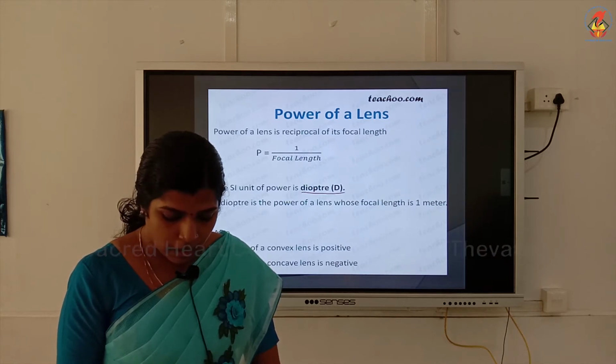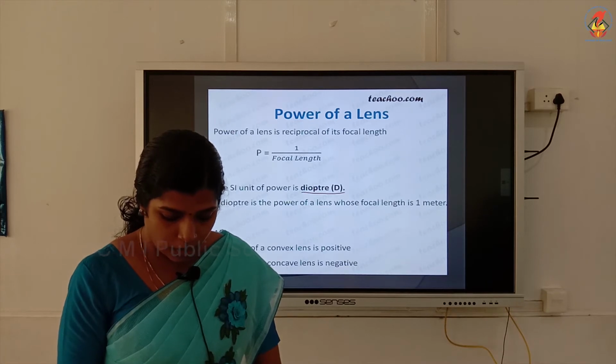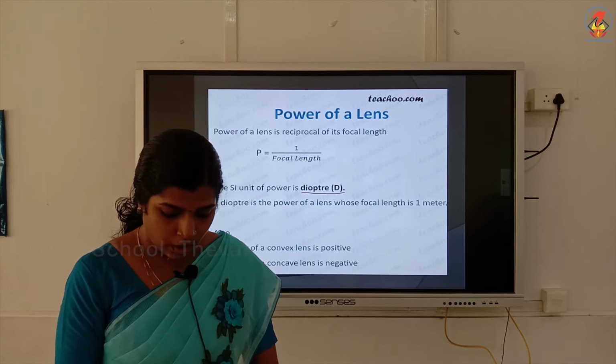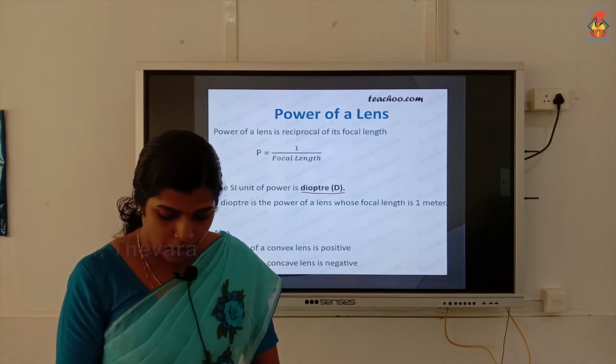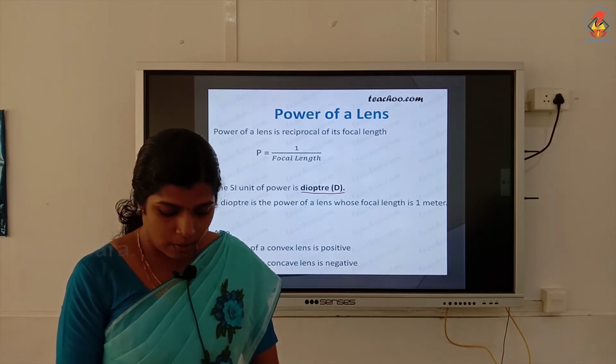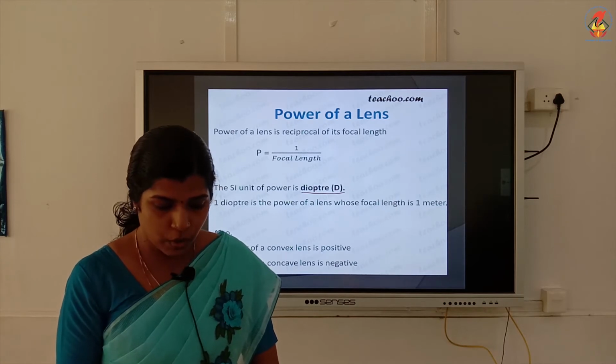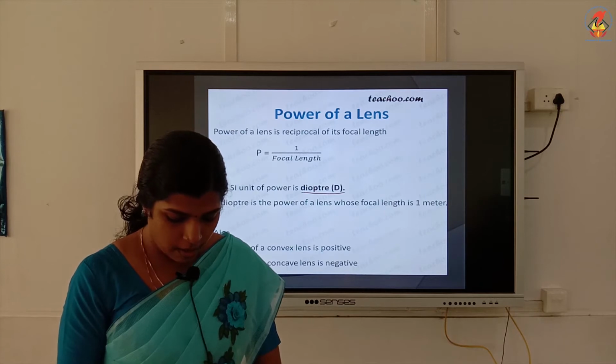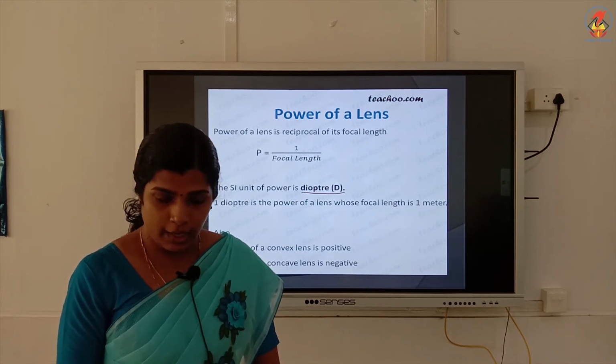A concave lens of very short focal length causes higher divergence than one with longer focal length. The degree of convergence or divergence of light rays achieved by a lens is expressed in terms of its power. The power of a lens is defined as the reciprocal of its focal length.